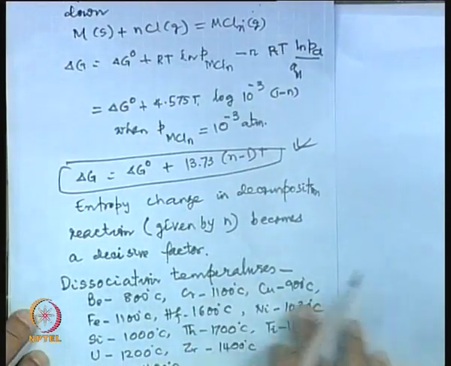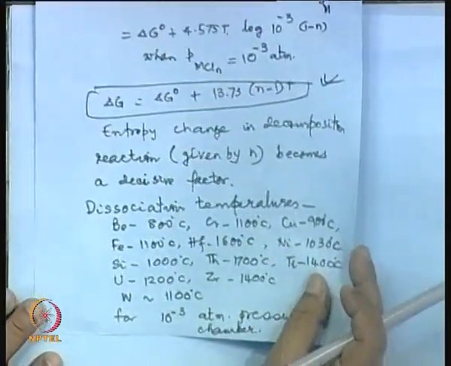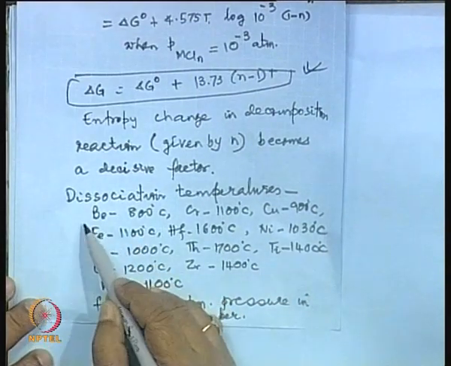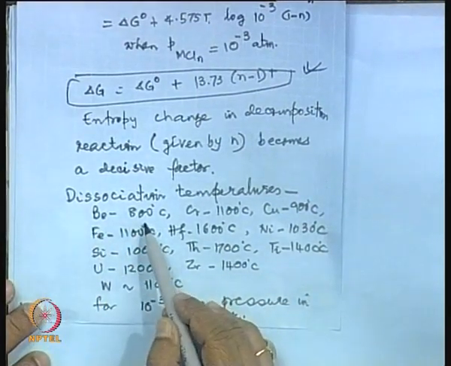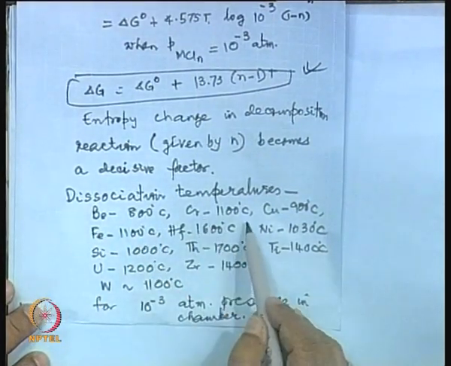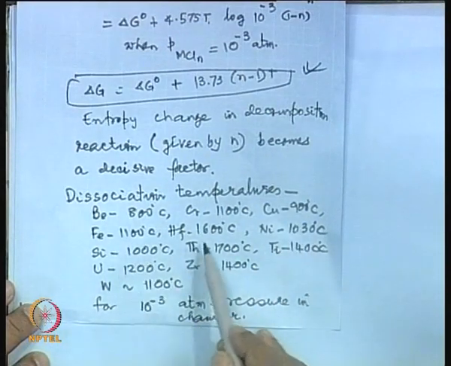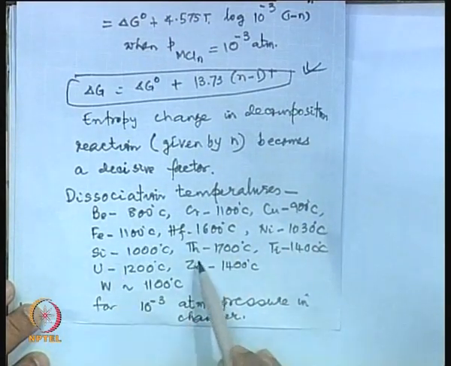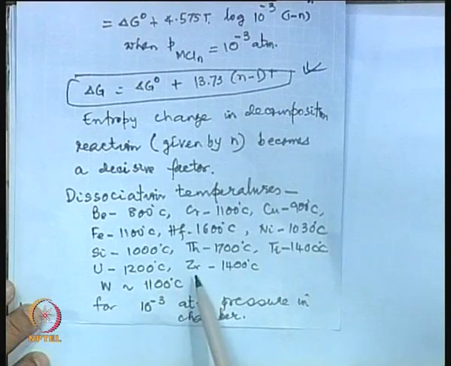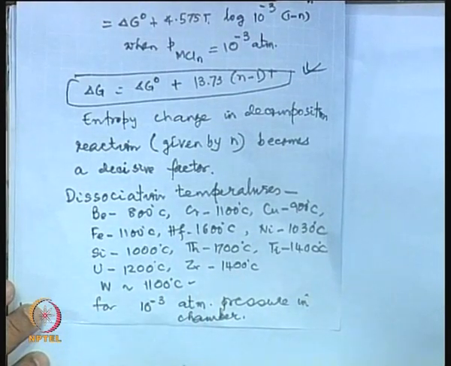Now, the dissociation temperatures for various metals are like this. For beryllium 800 degrees, chromium, copper 900, iron you can see, nickel, silicon, thorium, titanium, uranium, zirconium. Tungsten will decompose tungsten chloride 6 only at 1100 degrees.